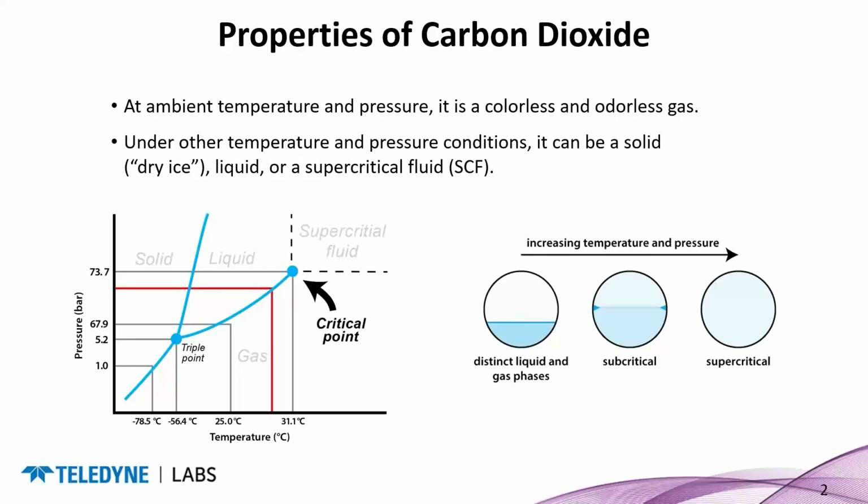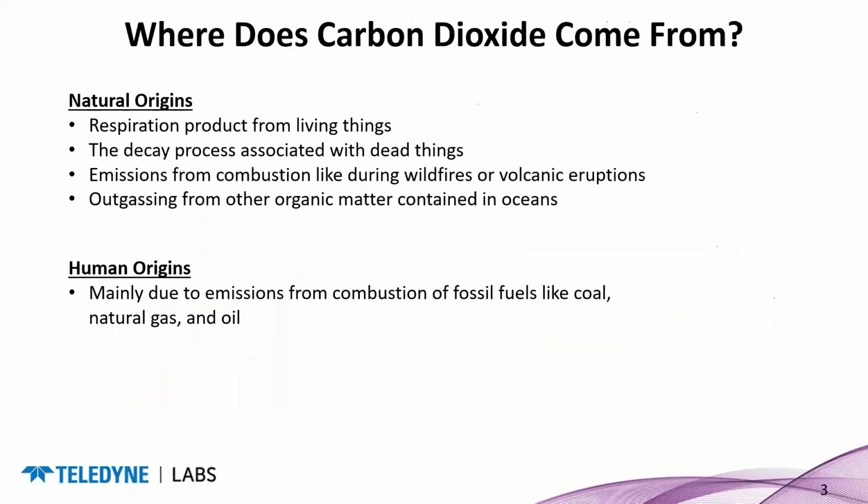There'll be some gas present, but as you increase the pressure and temperature and drive the phase change toward the supercritical fluid, this picture of the phase changes goes from left to right, and in supercritical state, you have one phase.